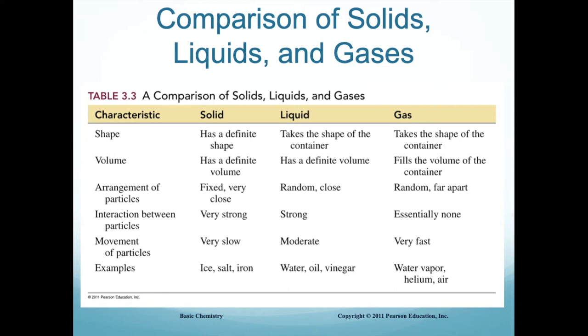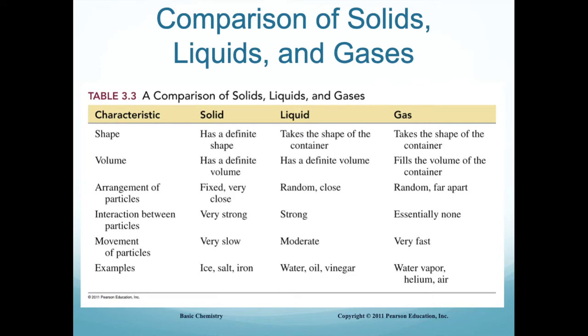Now a liquid, on the other hand, has a fixed volume, but its shape is variable. A liquid can be poured from one container into another, and its shape will change depending on the shape of the container. That's what I mean by it having a variable shape, not having a fixed shape. However, the volume is fixed.